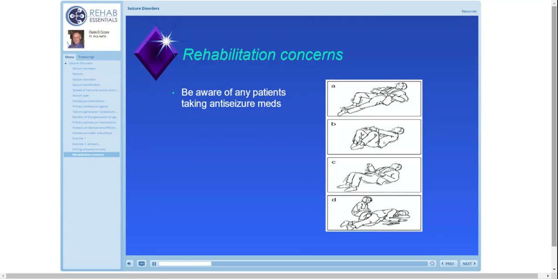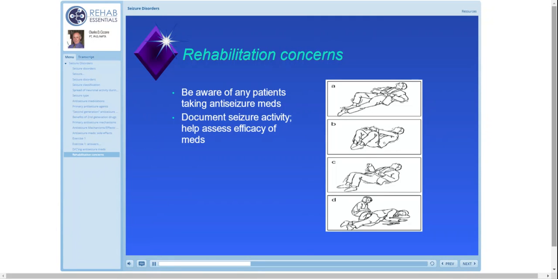And this person simply has a seizure disorder. So make sure the patient is being adherent to their medications. And likewise, be aware that a seizure could occur as you're working with this patient in any kind of setting, neurological or otherwise, and be ready. Be ready with normal precautions if a person does have a seizure.